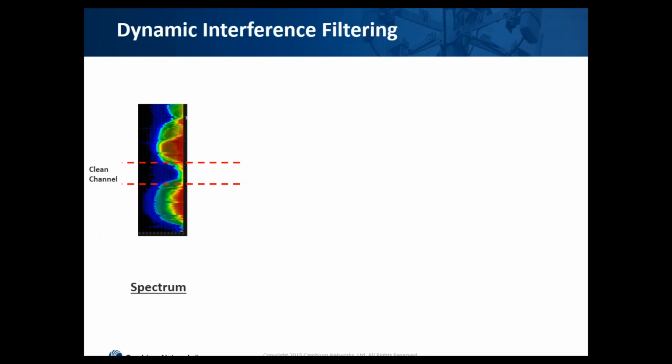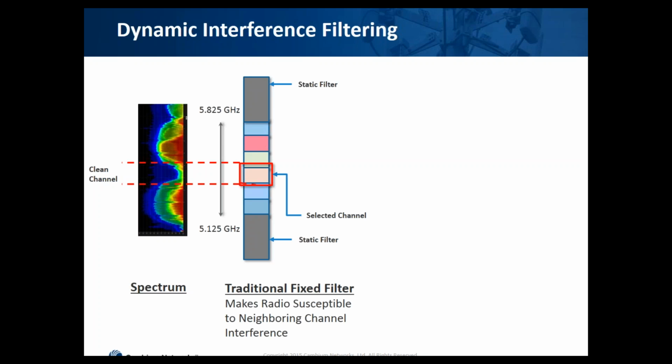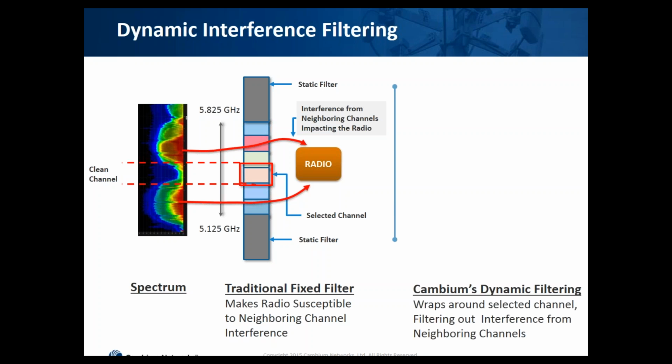A lot of times there's post-channel interference, which means adjacent channels interfere with your clean channel to provide some sort of interference level. So say you found the selected channel solution over here, which is between the 5.1 and the 5.8. What would happen is, a lot of times the interference comes from the adjacent channels as well, and that affects the radio. This is traditionally how a filter would work.